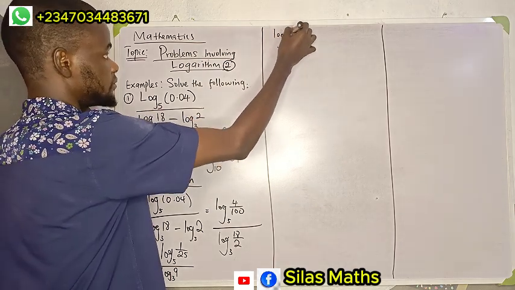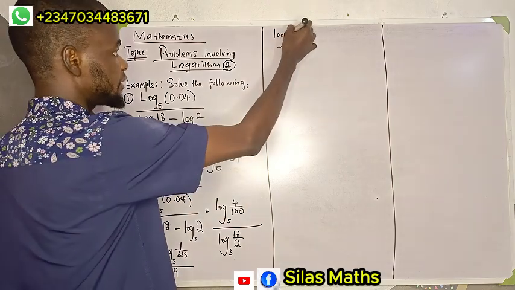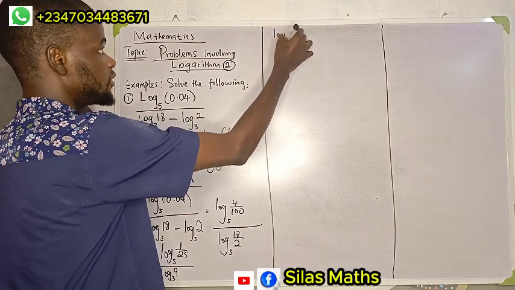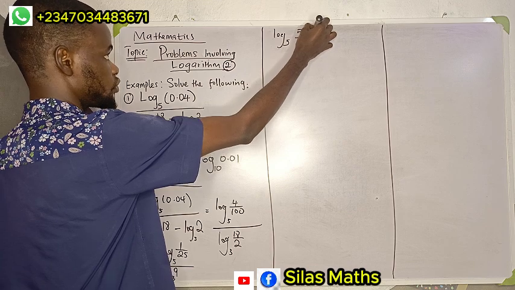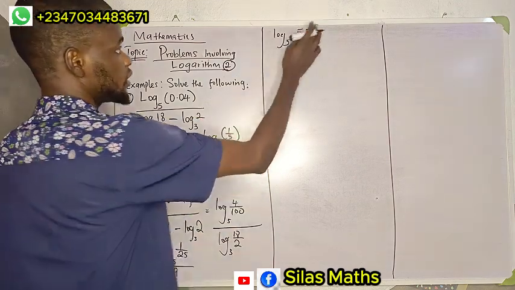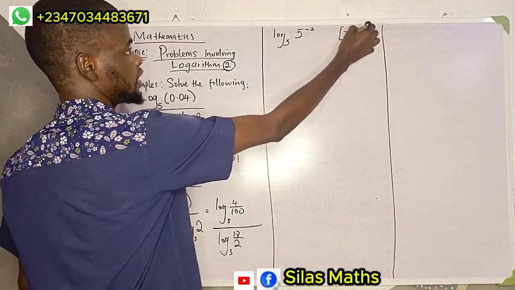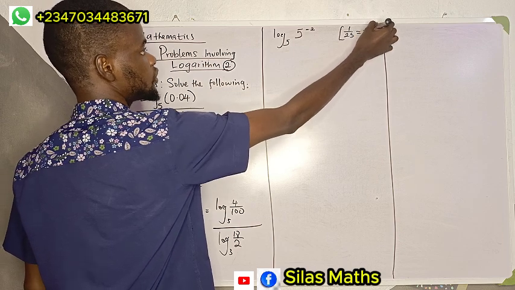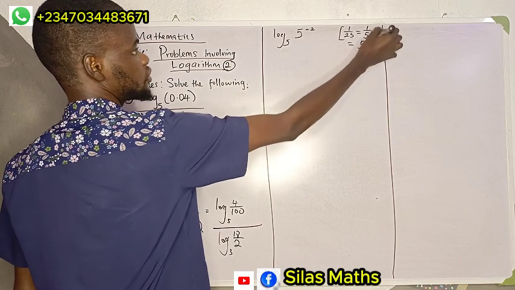Still moving further, this is the same thing as logarithm of, 25 is the same thing as 5 raised to the power of 2. So that will give me logarithm of 5 raised to the power of minus 2. In other way around, we can express that by saying that 1 over 25 is equal to 1 over 5 to the power of 2, and that is equal to 5 to the power of minus 2.